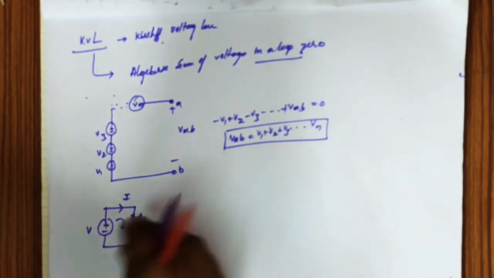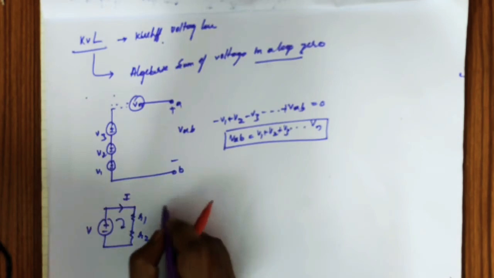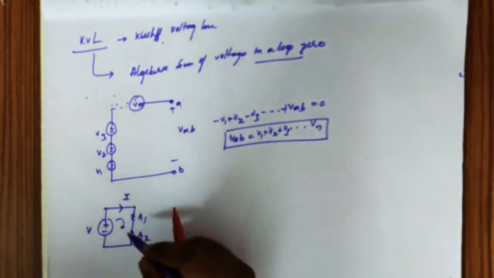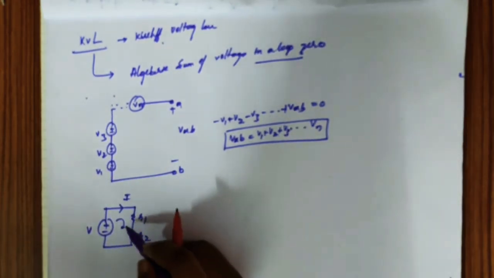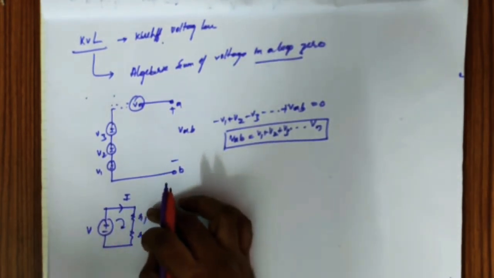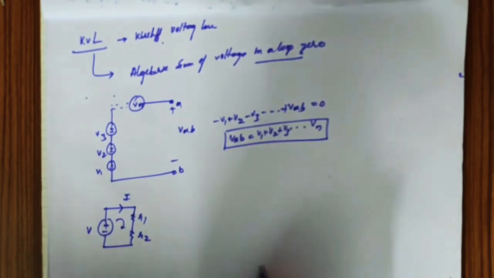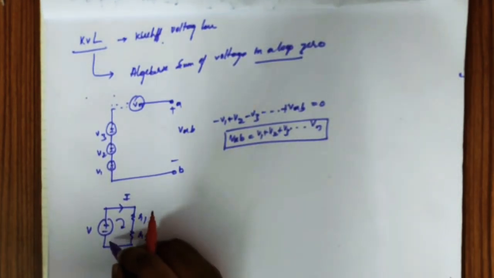KVL means the algebraic sum of voltages in a loop equals 0. This is the source, and I'm starting from here.